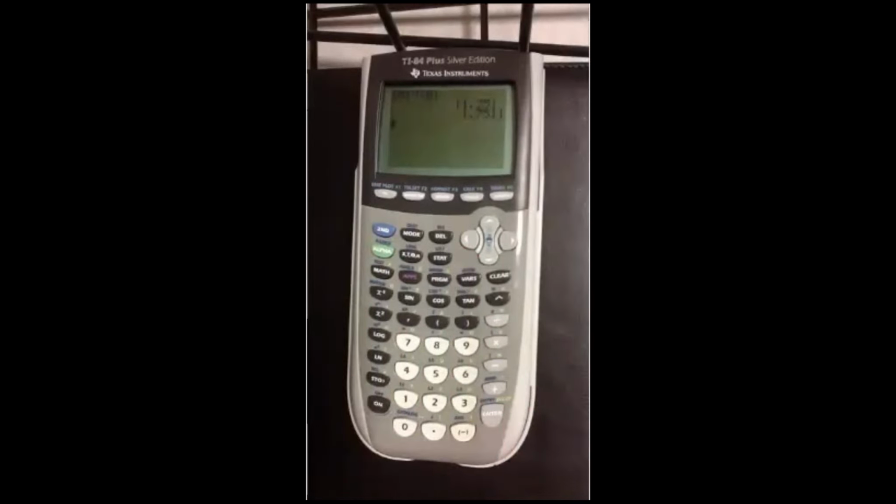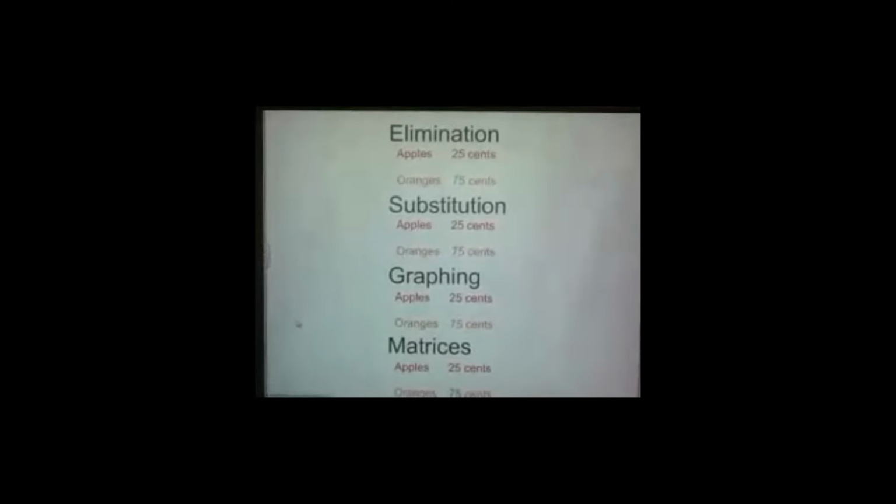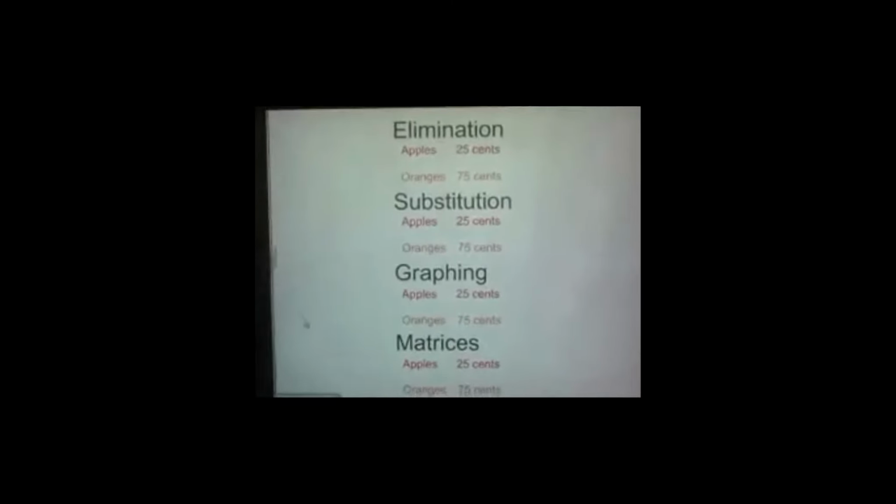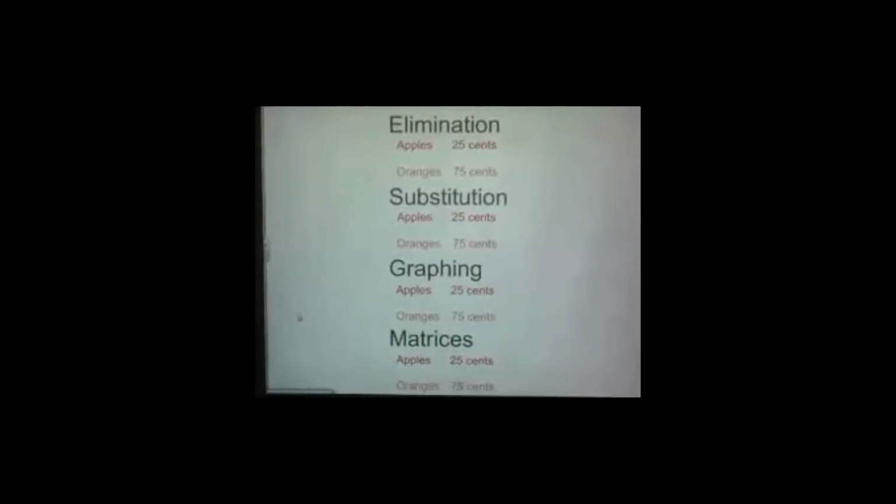So we can see the solution is x equals 0.25 and y equals 0.75. As you can see, each method produced the same solution. So it looks like on my budget, I need to just go buy some more apples.